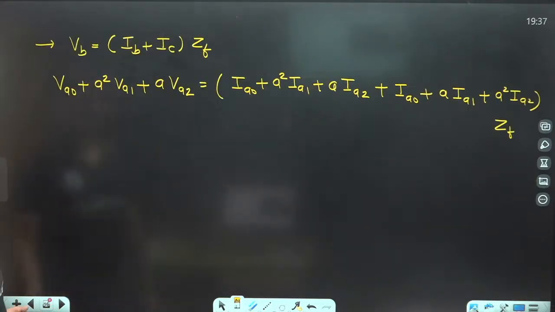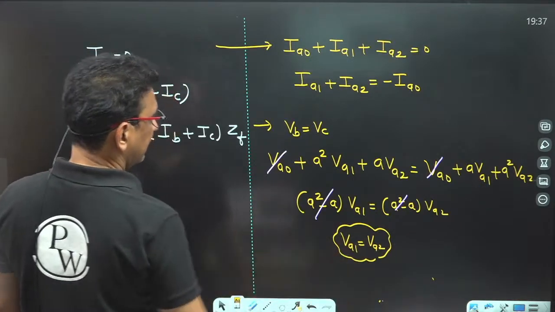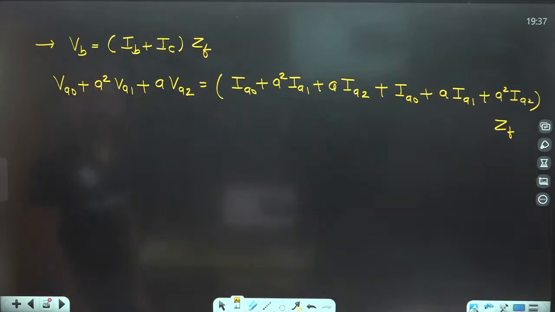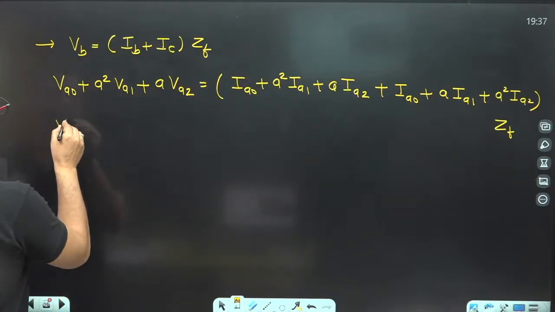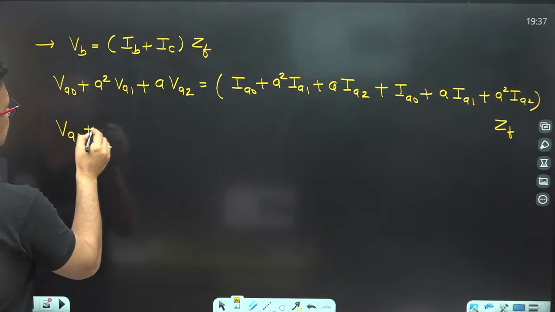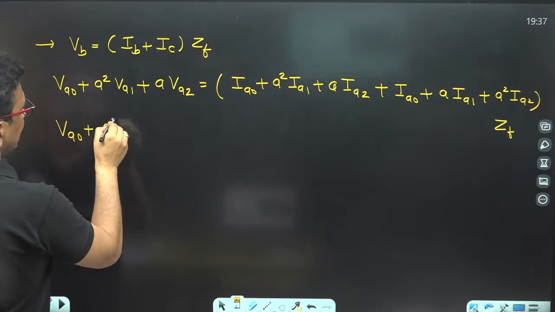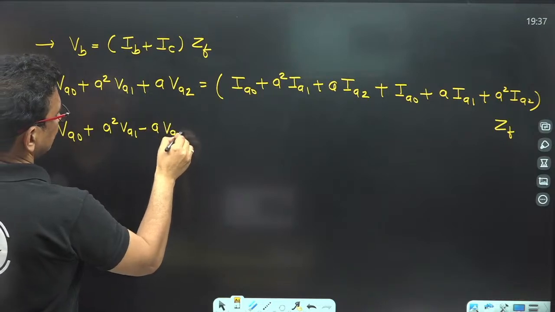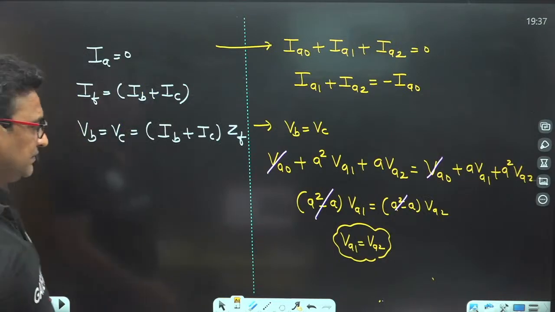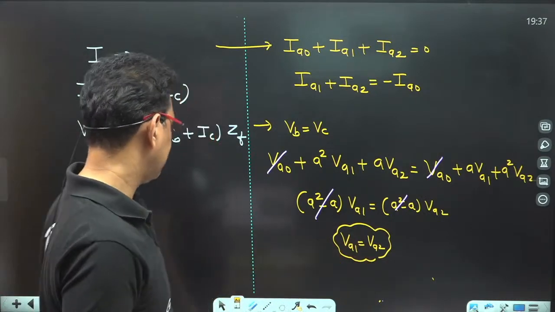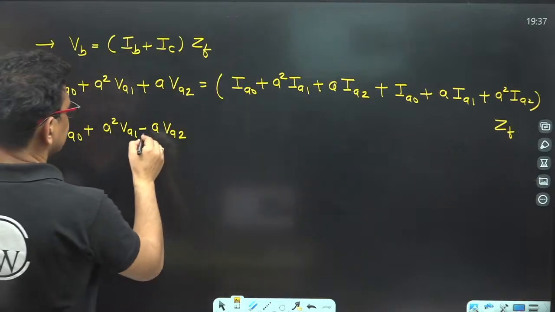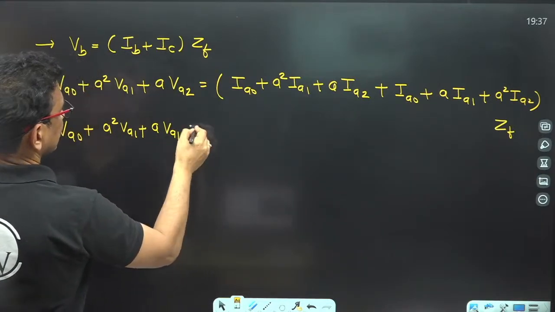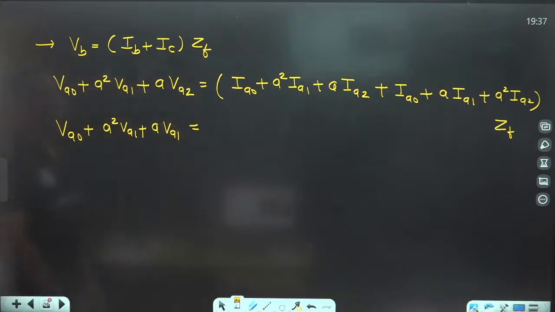Now we know that VA1 and VA2 are the same, so instead of using VA2, I will use VA1.